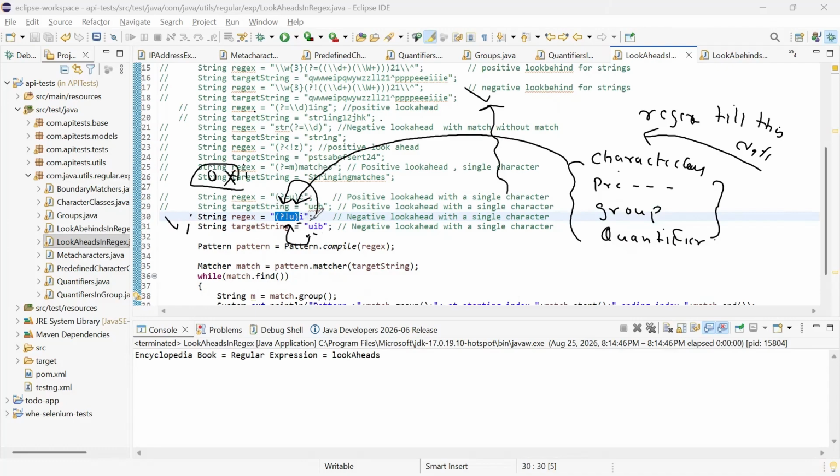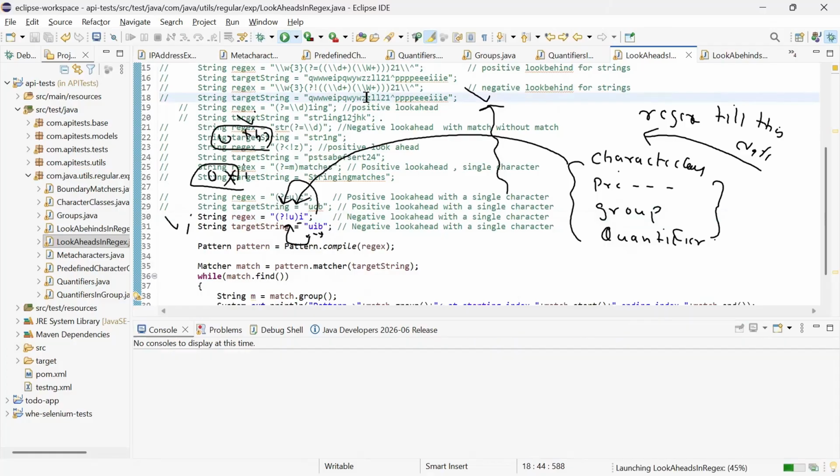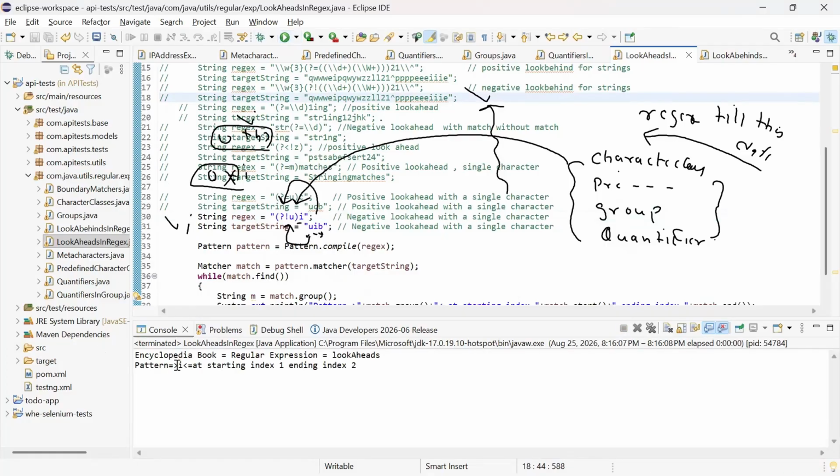After that we don't have anything in the regular expression, so there is nothing more to evaluate. Even if it goes to B, B is not equal to U, but there is nothing to be matched. So if I run this, you see it has given us only I, starting index 1, ending index 2.